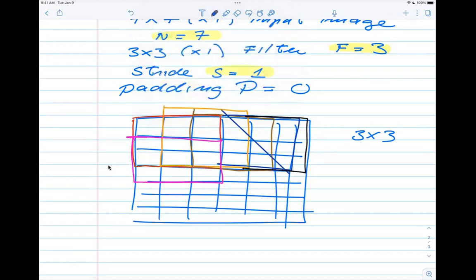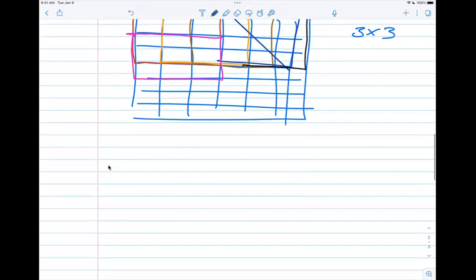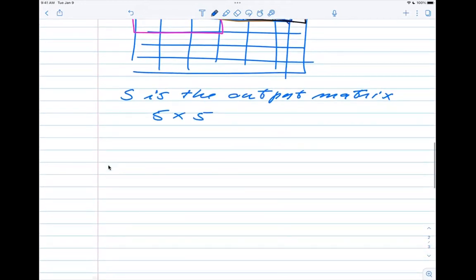So let's see that. So we will have a matrix S, which is the output matrix. And this is going to be a 5 by 5 matrix, and you will easily see that because of the type of blocks which we're going to set up now.